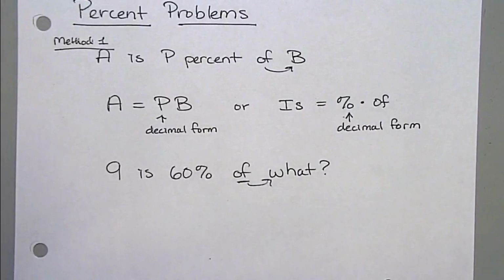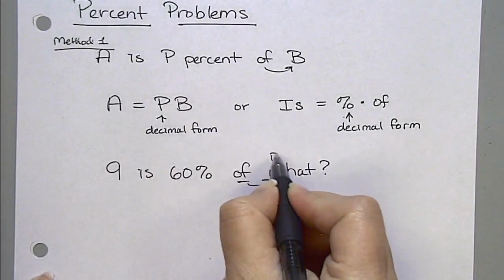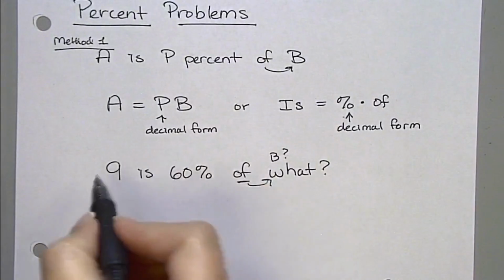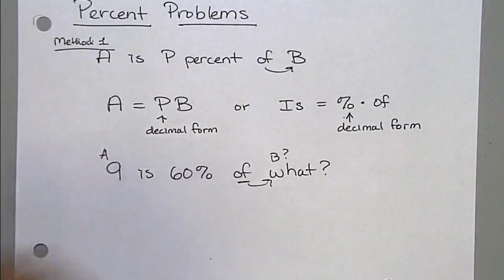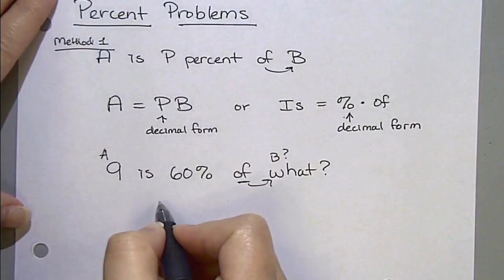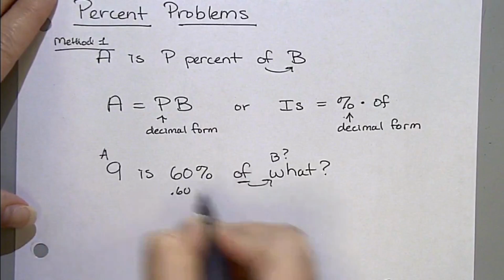You don't know what this is, and in this problem, this would be the B. We don't know what the B is. The other value has to be the A. If you always look for the of first, that's the easier number to find. The other number has to be the A. And then the percent we need to change as a decimal. So what is 60% as a decimal? 0.60 or 0.6, however you want to write that.